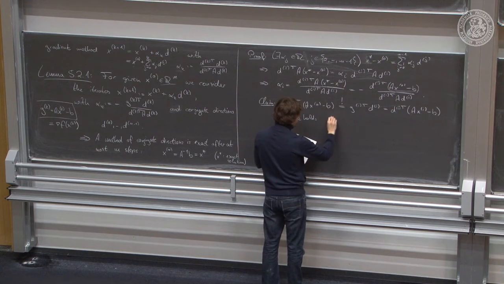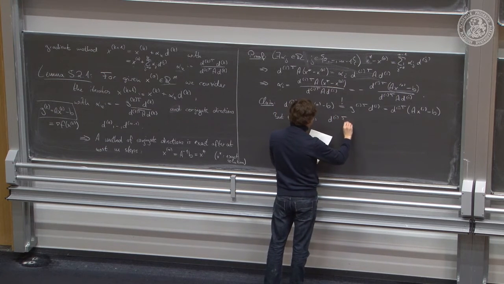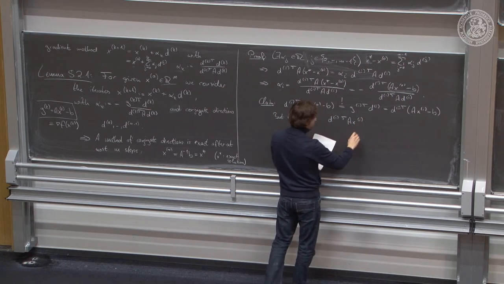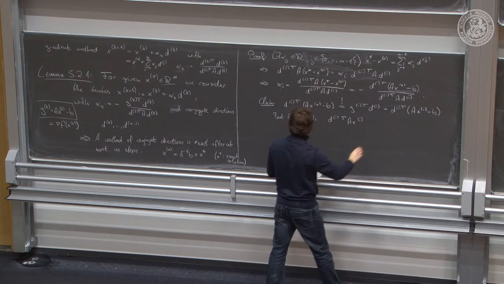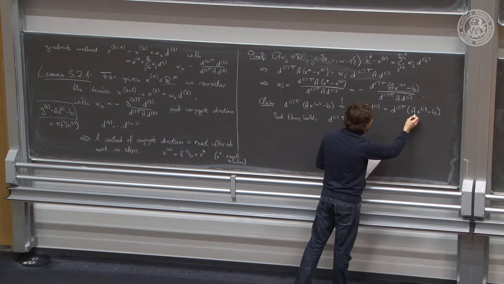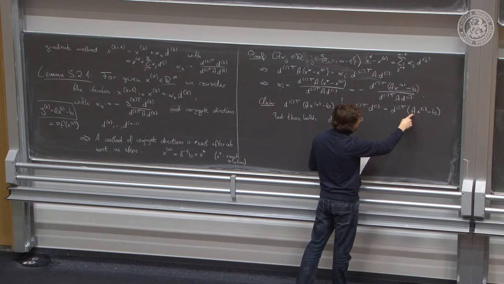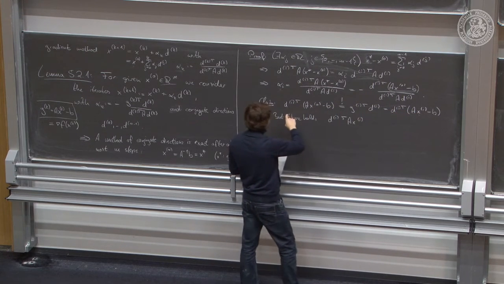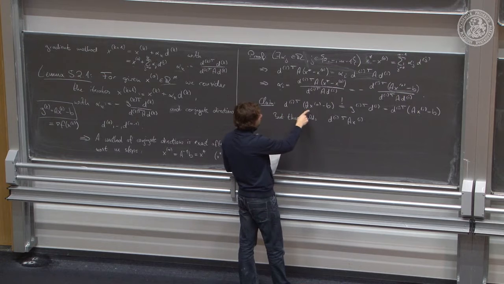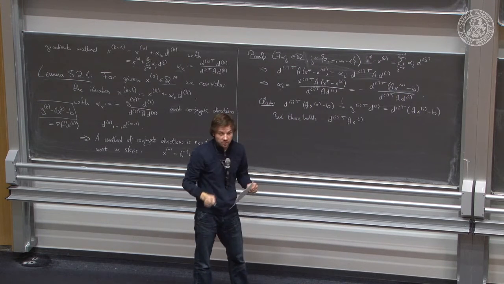But there holds d_i transpose A x_i. So we have now to show that d_i transpose A x_i, that means d_i in the energy scalar product with x_i, is the same as d_i and x_0 in this energy scalar product.